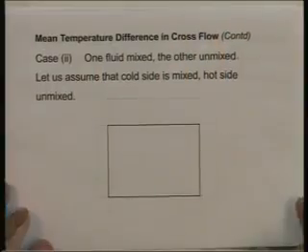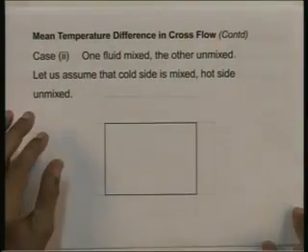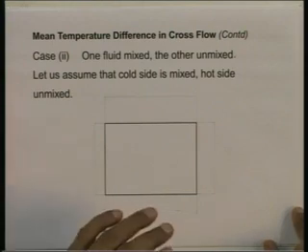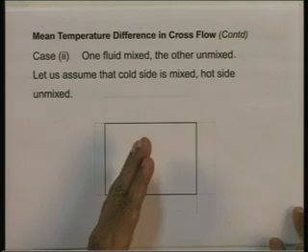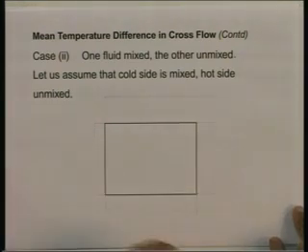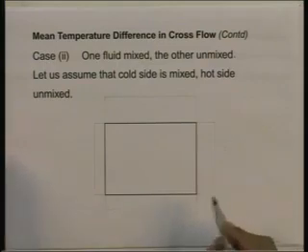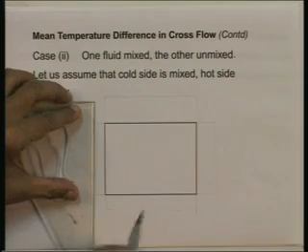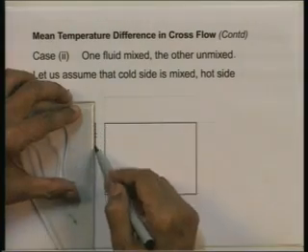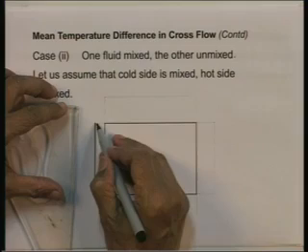Now, let us look at the other case, case 2. What is case 2? One fluid mixed, the other fluid unmixed. Let us assume the cold side fluid is mixed and the hot side fluid is unmixed. Now, what we are going to get is something like this. This is our cold side fluid. Let me draw its temperature profile.